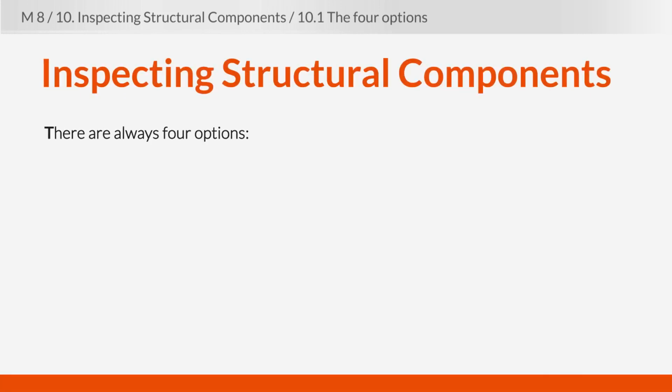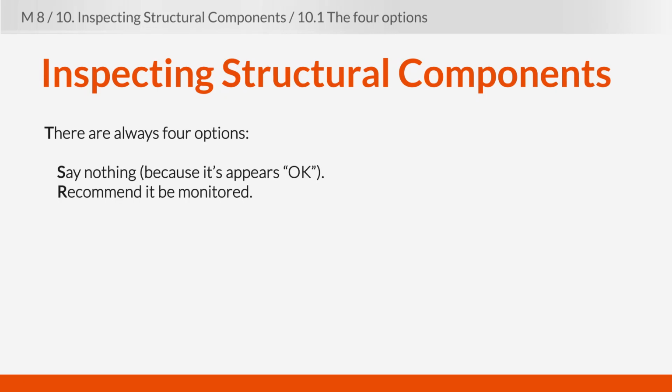When you're inspecting the structural components, you always have 4 options on what to say on the report. First, you can say nothing, because it appears good in every possible way. There's nothing wrong with it. Or, you could recommend something be monitored, such as minor cracking on a foundation wall, especially when it's mostly vertical.